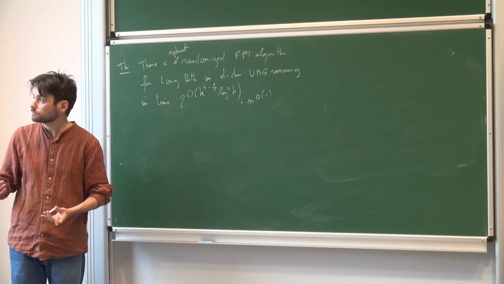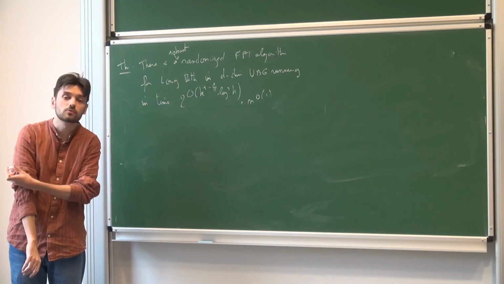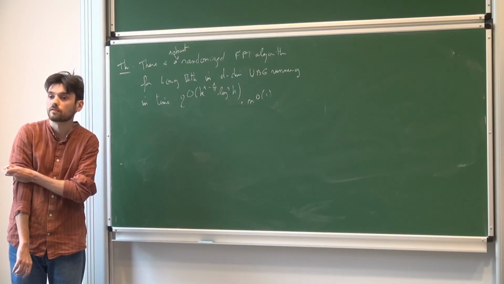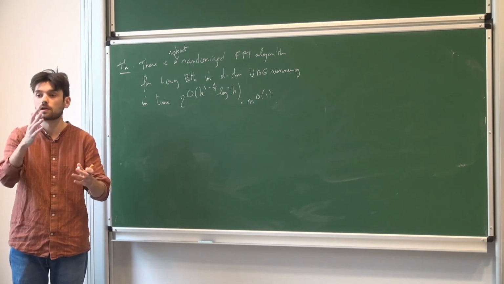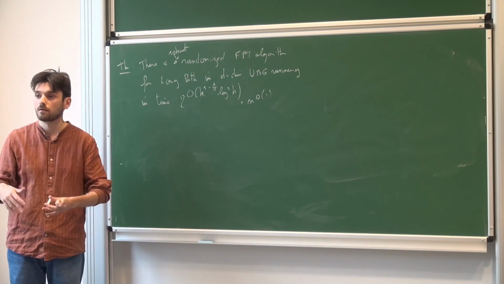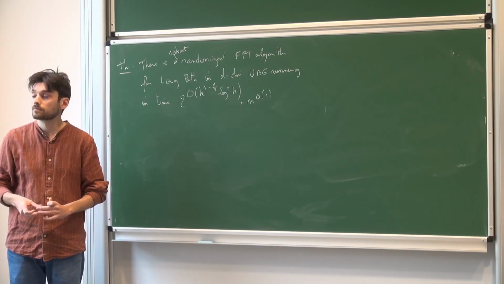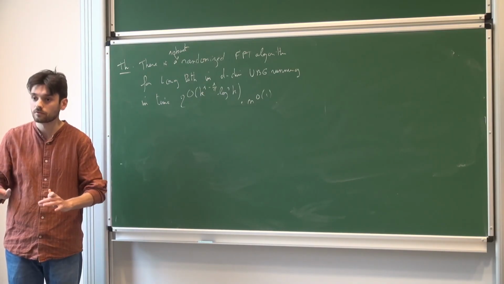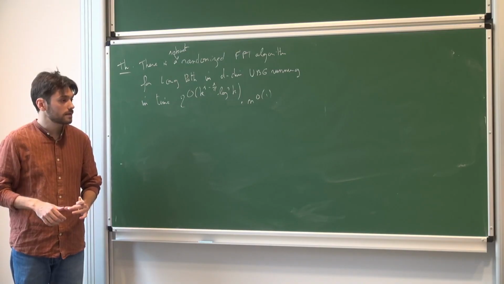For just dimension 2, there are a few more results, because we can apply bidimensionality. We can argue that either we have a large grid, in which case we have a long cycle or a long path, or the treewidth is small.